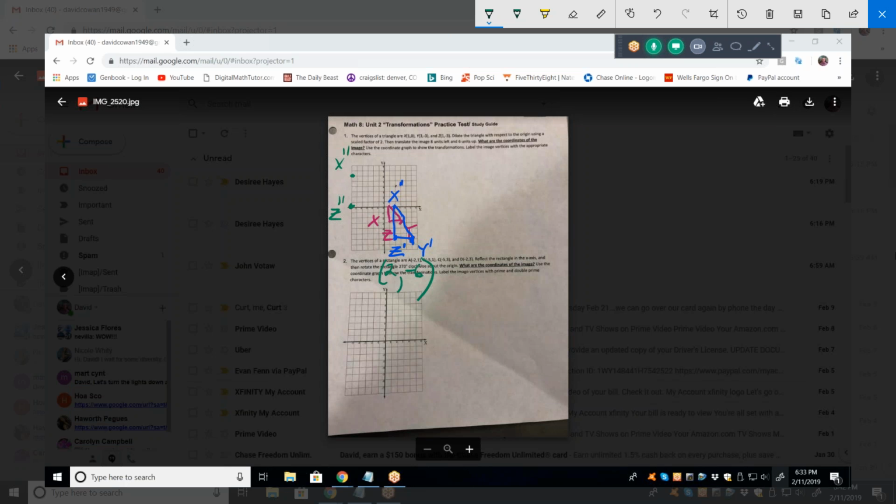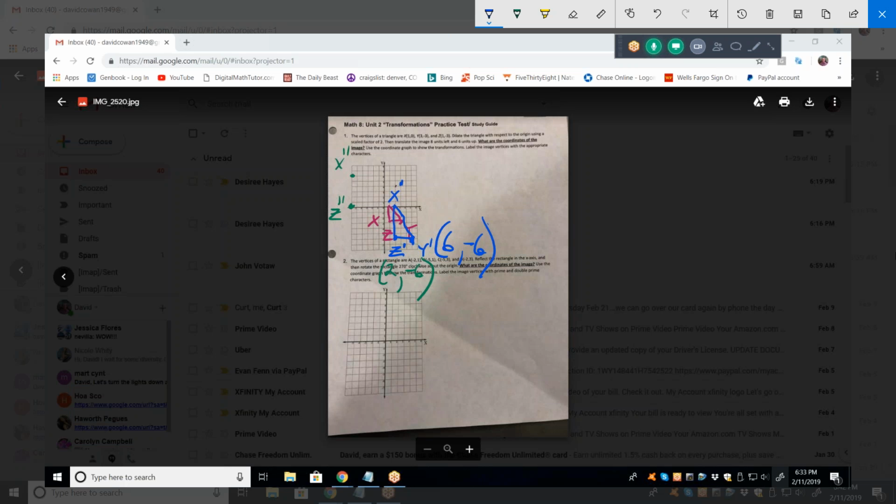Now the last one to do is the Y, and let's go back and label that coordinate so we'll know what we're looking at. What was that coordinate? Y, it was 6, -6. So take that coordinate and move it 8 left and up 6.